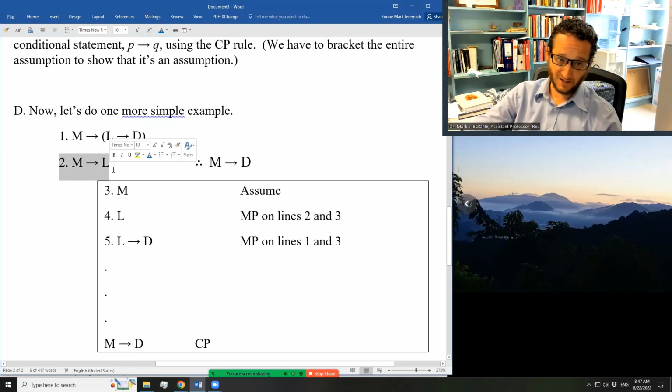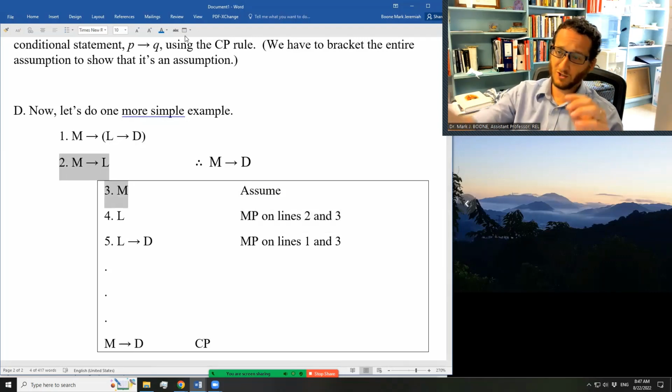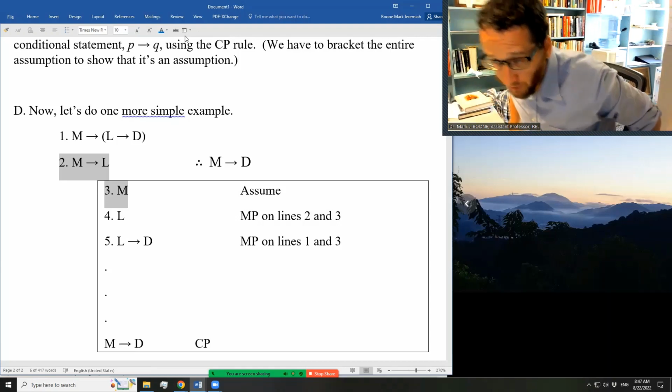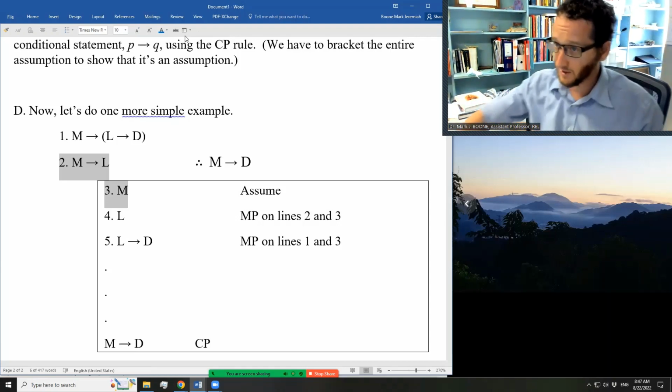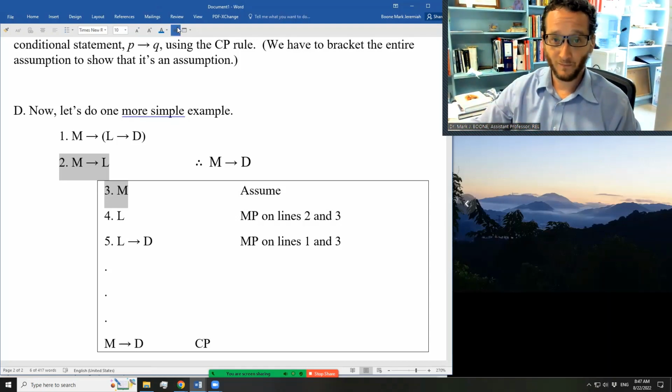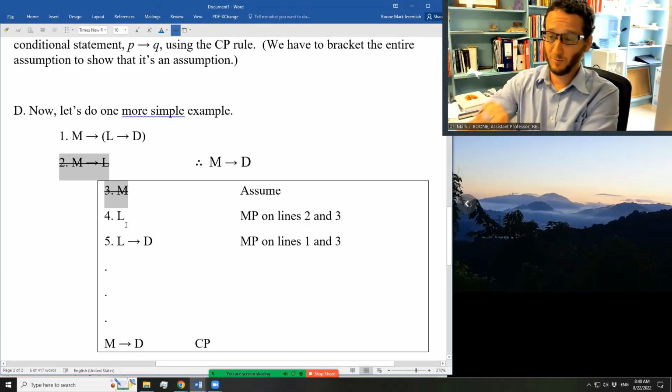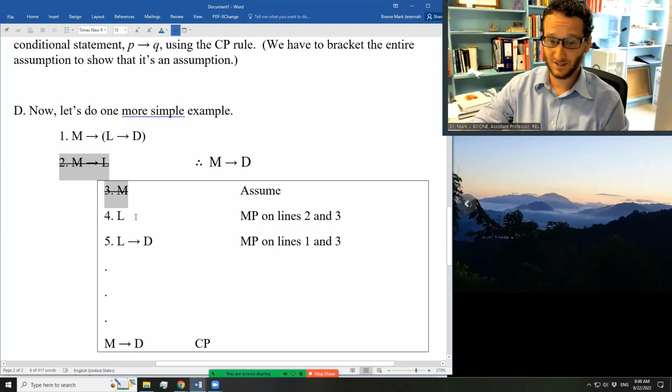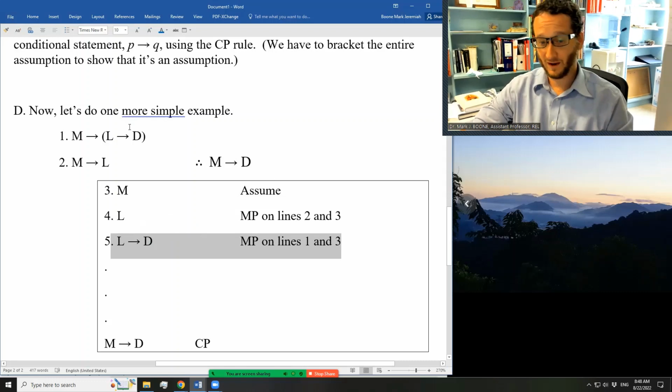So I occasionally say you can usually assume that you're not going to use a line of a proof more than once, but there are exceptions. Usually if you've used a line, you can assume you're probably not going to go back to it. But this is one of those exceptions, because you have to go back to line 3. Don't cross them out. You don't need line 2 anymore, as it turns out, but you will need line 3 again because you need to use line 3 for the modus ponens on line 1.